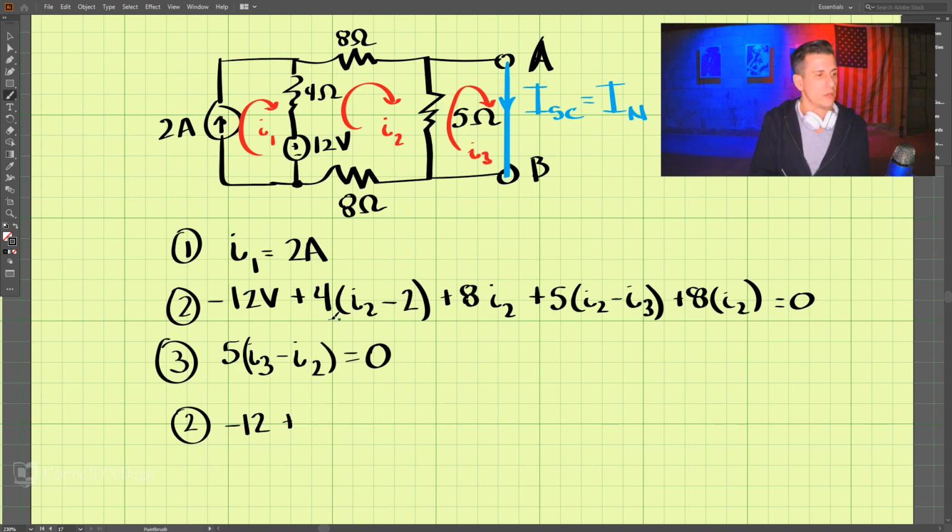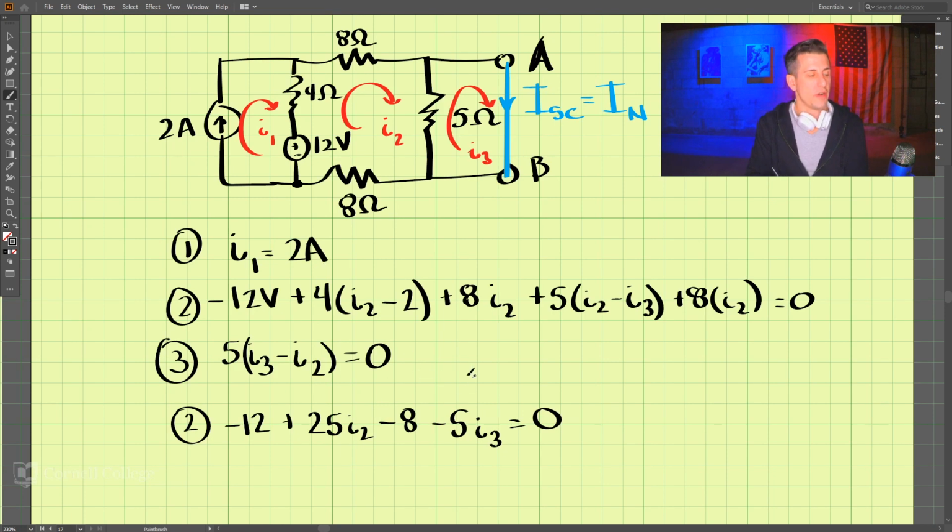We have 4 plus 8, which is 12, plus 5, which is 17, plus 8 is 25. 25 I2. And then with negative 8, and then negative 5 I3 equals 0. Okay.